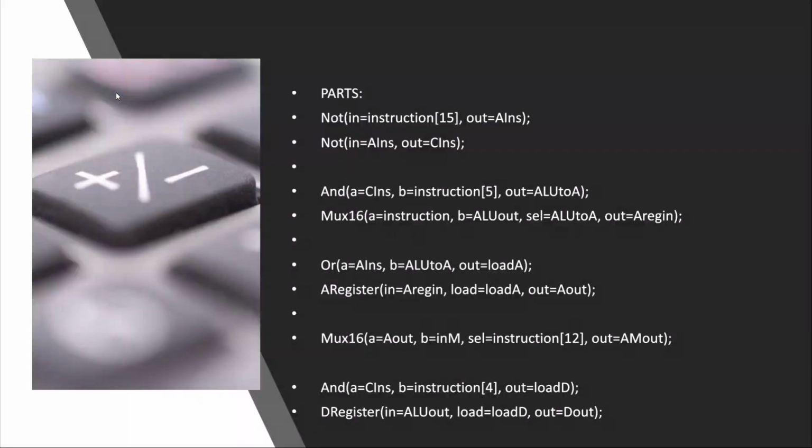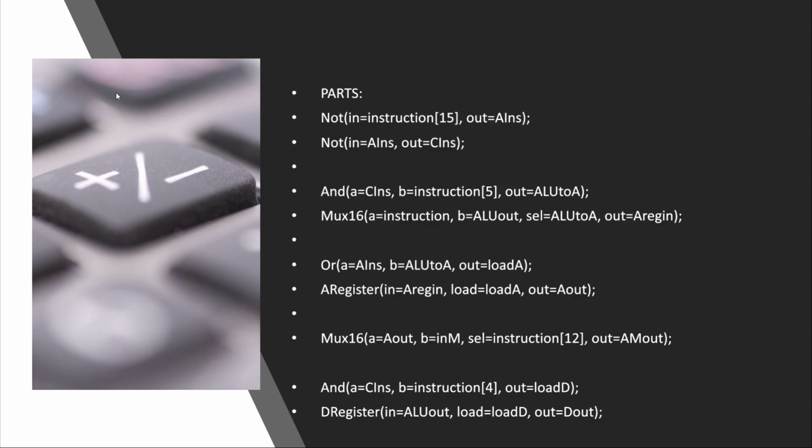First we are using NOT and MUX16 gate. Here in our CPU, two types of inputs are coming, which are A instruction and C instruction. In the first line, NOT gate is being used to check whether the instruction coming from instruction memory is A instruction or not.